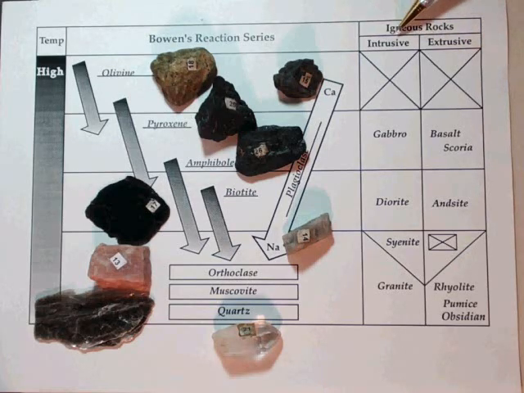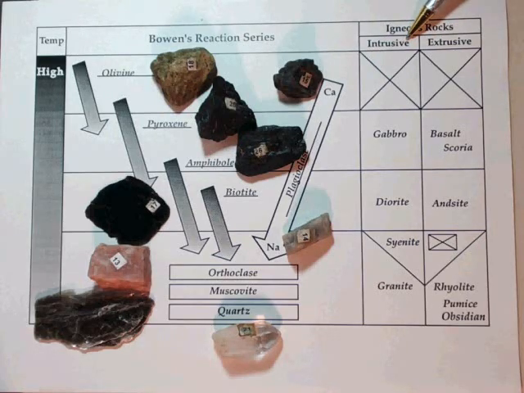If you recall, intrusive forms under the Earth's surface as magma, and extrusive forms on the Earth's surface as lava. And so we'll have a much more rapid cooling rate with a lava at the conditions at Earth's surface versus being beneath Earth's surface. And that was a much slower cooling rate, intrusive.